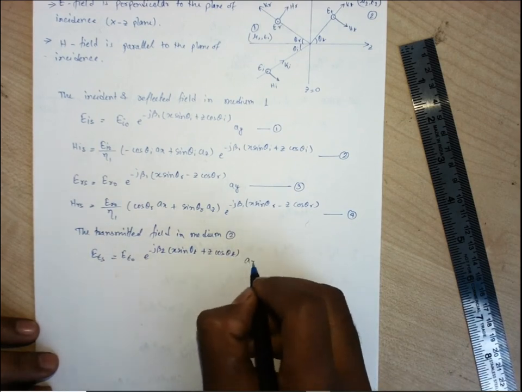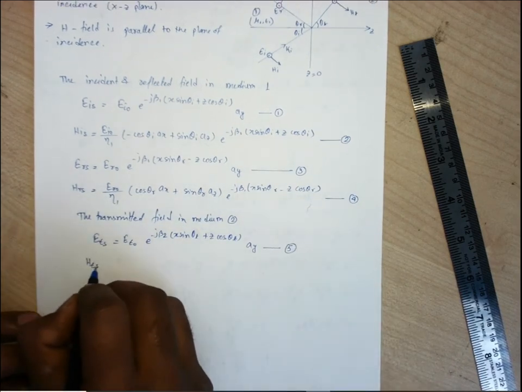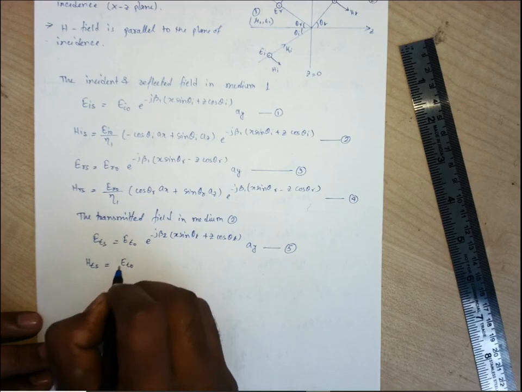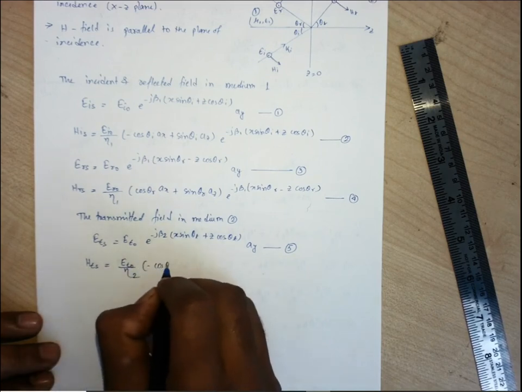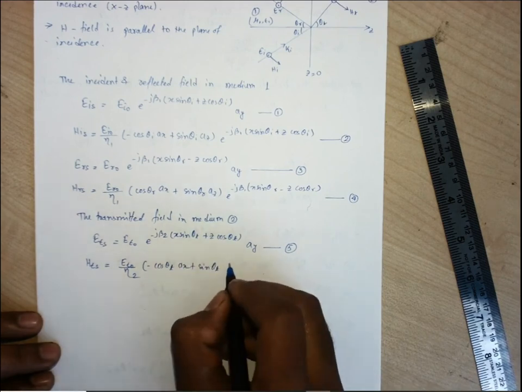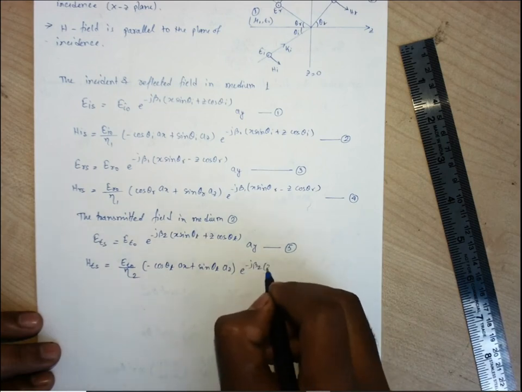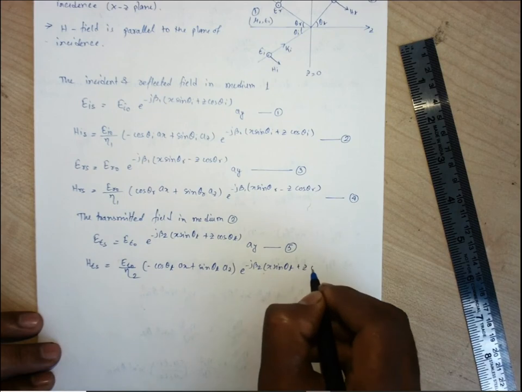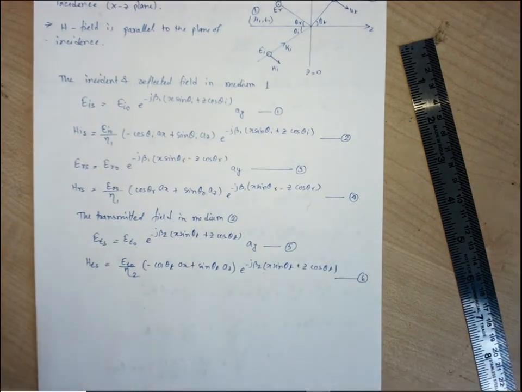That is the same ay direction. For the magnetic field: minus cos theta t ax plus sin theta t az, e to the power minus j beta 2 (x sin theta t plus z cos theta t). So these are the fields in medium 1 and medium 2.